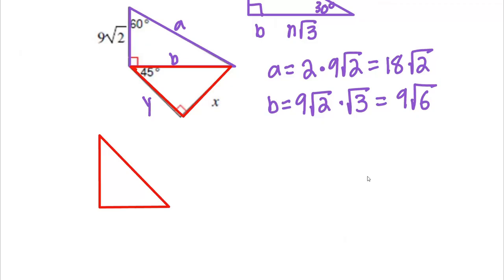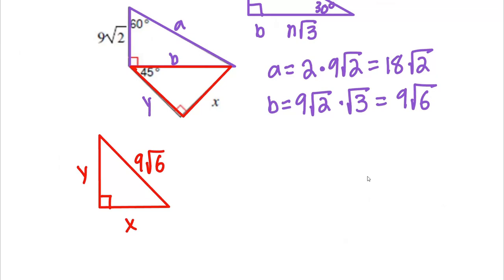We know that this is a 45, 45. This is y and this is x. What do we know that hypotenuse is? It's b, which we know is 9 root 6. That's what we got from the previous triangle.